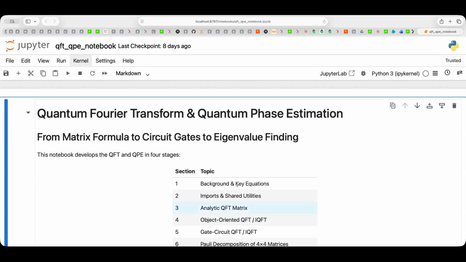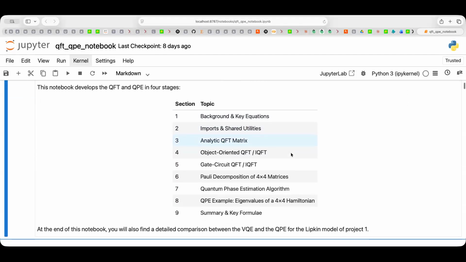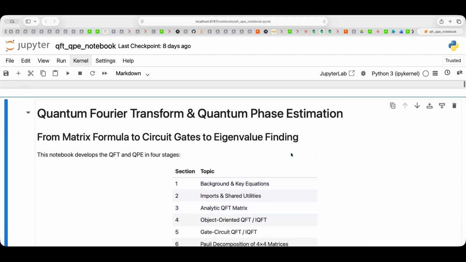I wanted to say something about the quantum Fourier transformation. In this week's Jupyter notebook, there is an explicit notebook which looks at both the QFT and the QPE and uses the QFT in the QPE.